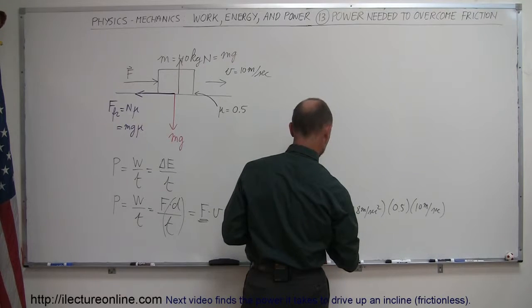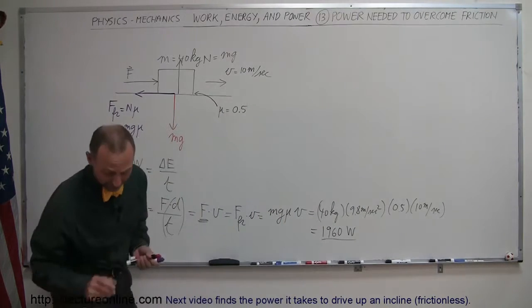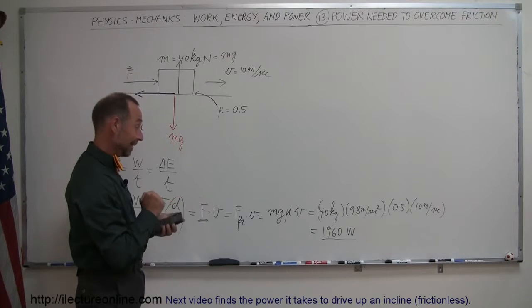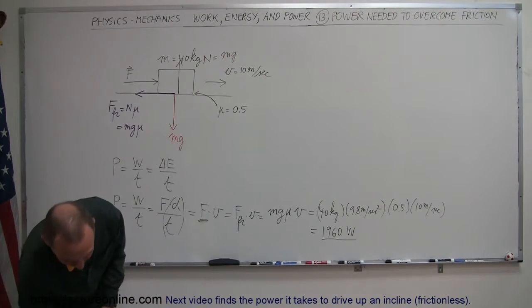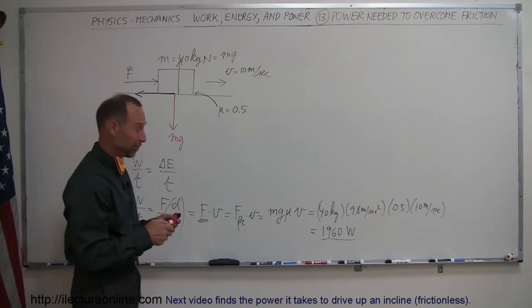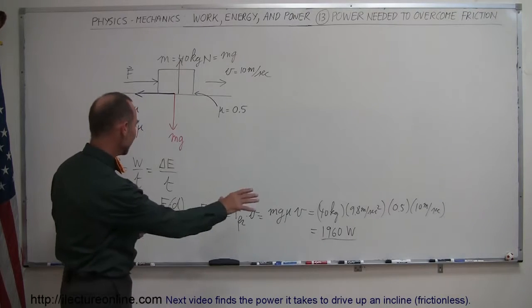Is that right? Yeah, 1,960 joules per second or watts. Let me quickly figure that out on the calculator, make sure I didn't make any mistakes. Equals 1960, that's right. And usually, if I make mistakes, one of the viewers will catch me and let me know through a comment. All right, so 1960 watts.